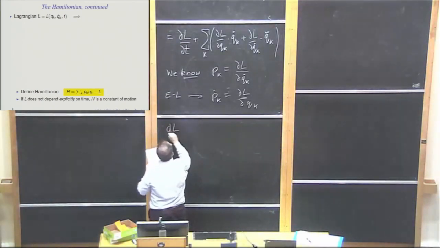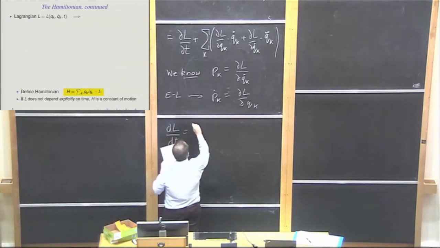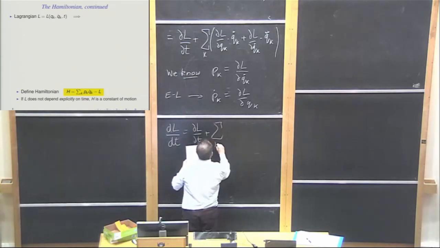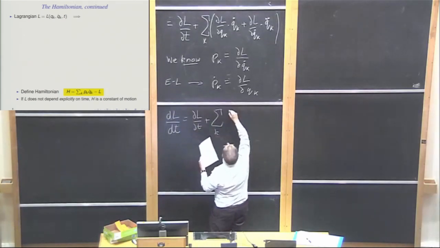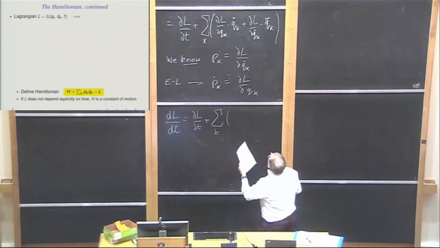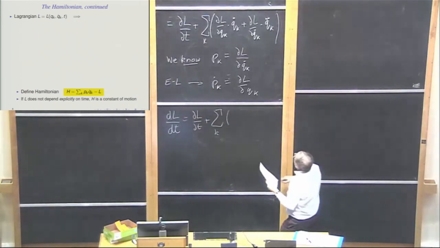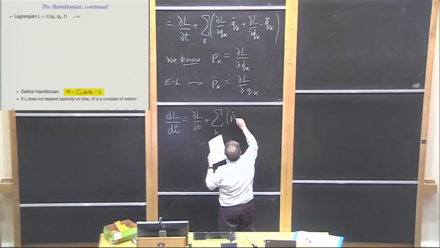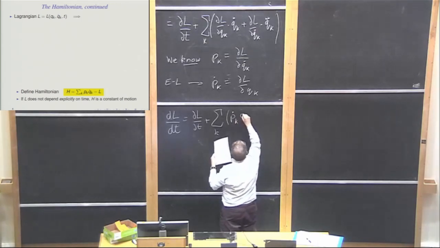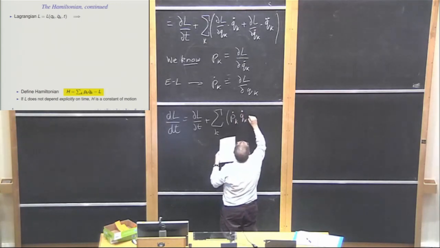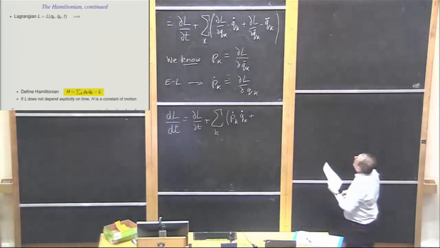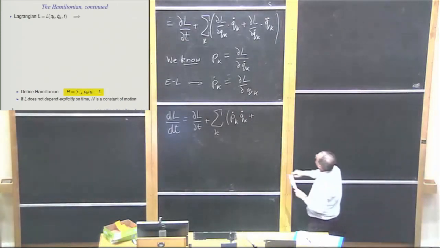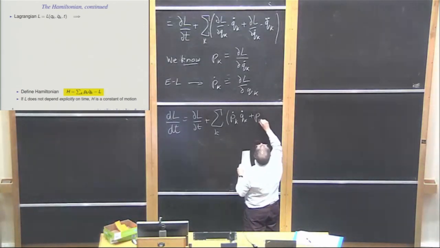This means that dL by dt is equal to partial ∂L by ∂t plus the sum, and now the first term, ∂L by ∂q_k, is going to give me p_k dot multiplied by q_k dot, plus, and then ∂L by ∂q_k dot is nothing more than p_k multiplied by q_k double dot.